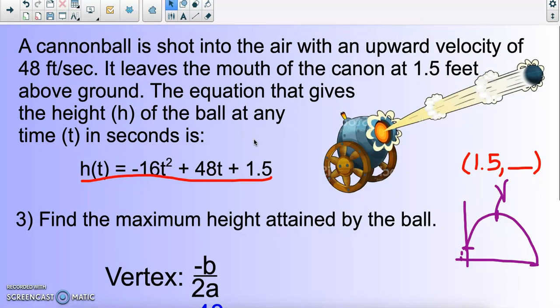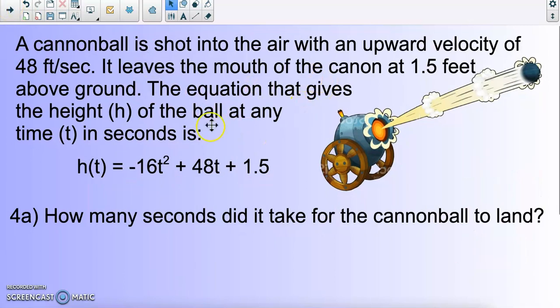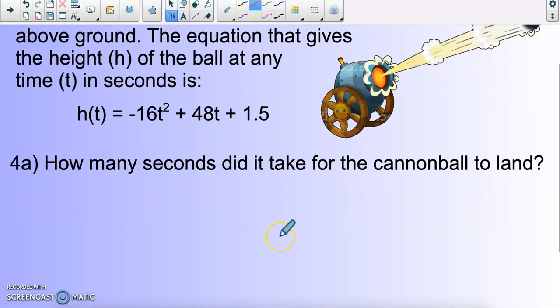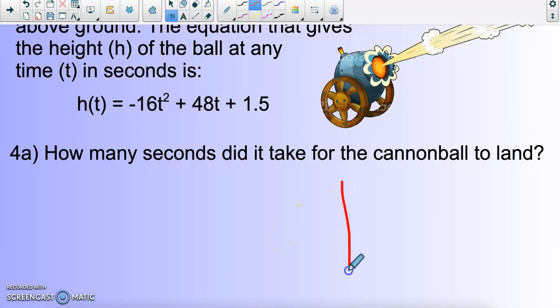As a matter of fact, there are a couple other questions that follow up with this, like question 4. Same scenario, same equation, but question 4 says, how many seconds did it take for that cannonball to land? If we come back over here and think about what's going on graphically, we have a cannonball leaving here at about 1.5 feet above the ground. It travels in this parabolic path, and then boom, it hits the ground.